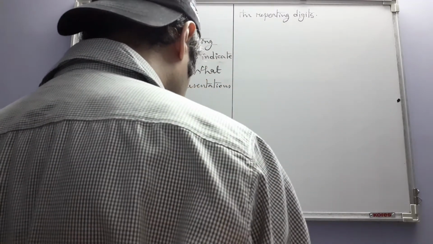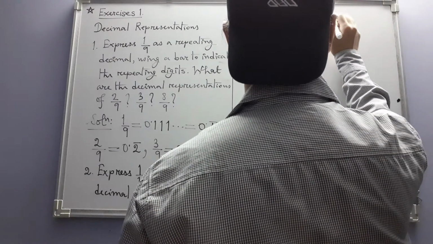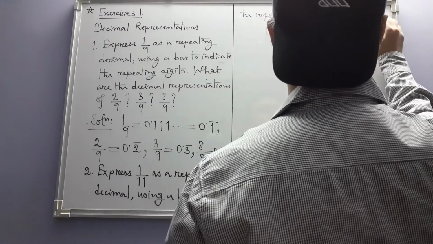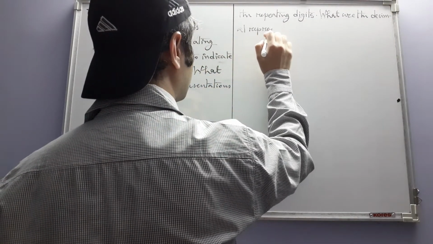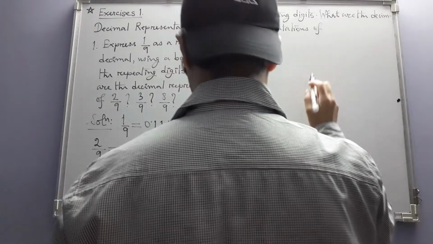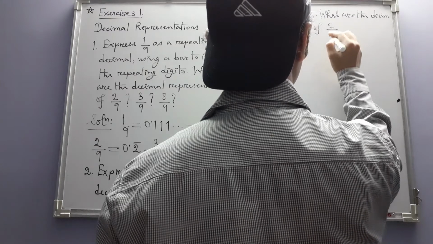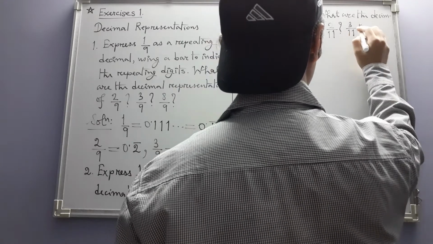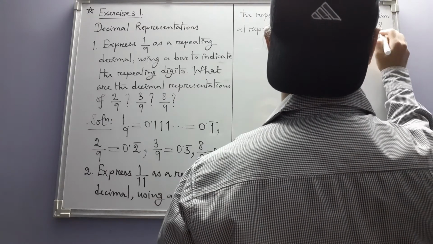And also, along with this, we have to find the decimal expansions of 2 divided by 11, 3 divided by 11, and 9 divided by 11.